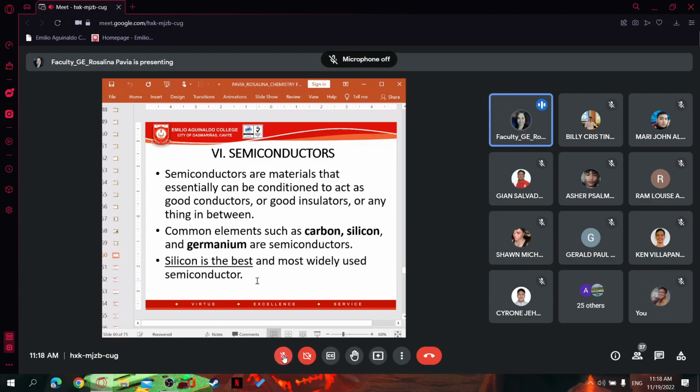Hindi nga sila metals eh. Metalloid sila. Nasa group 4. So anong ibig sabihin pag ang element ay nasa group 4? What does it mean when an element belongs to group 4?